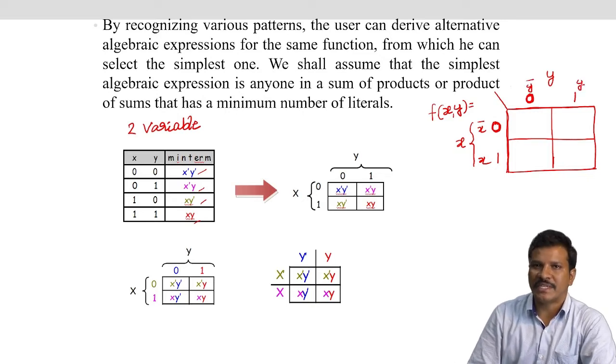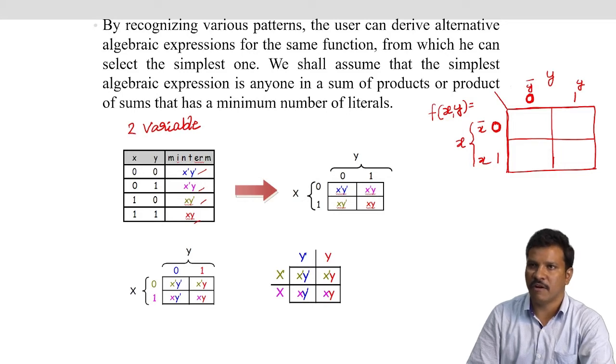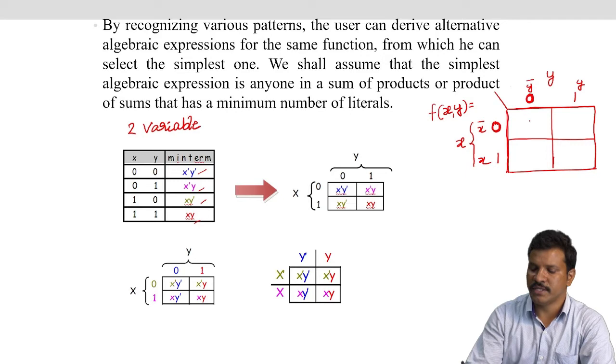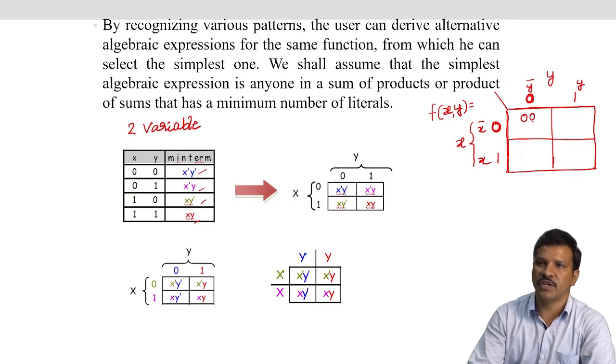In order to represent the first minterm x bar y bar, or 0 0, take the first row in the x direction and the first column in the y direction. x 0, y 0 is represented as 0 0, and the decimal number of this is 0.